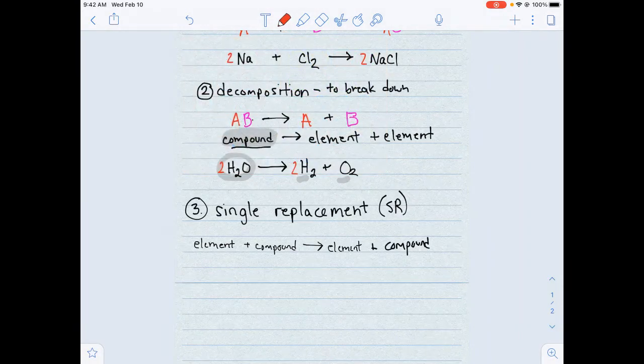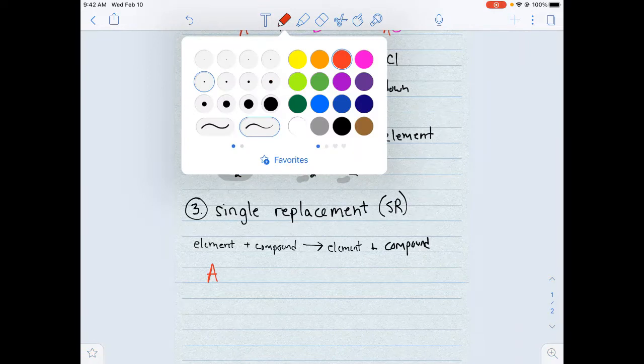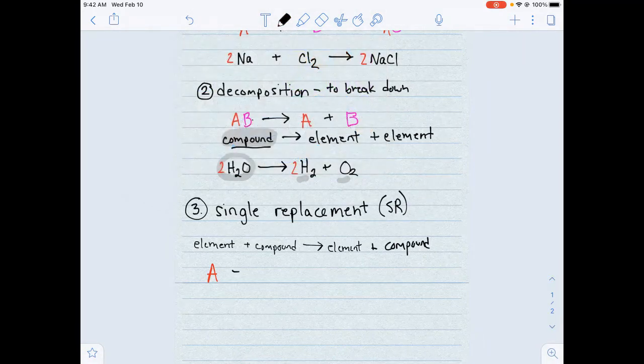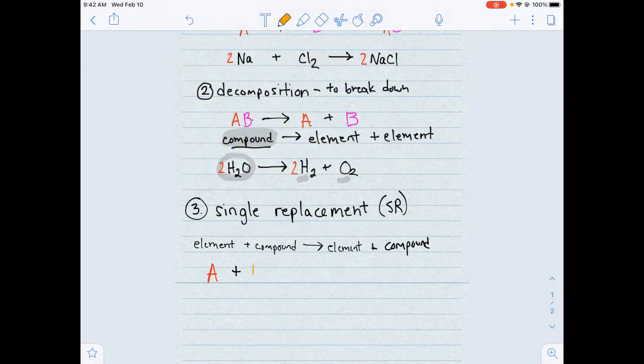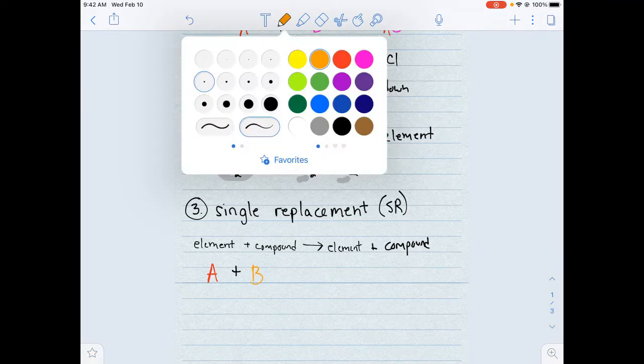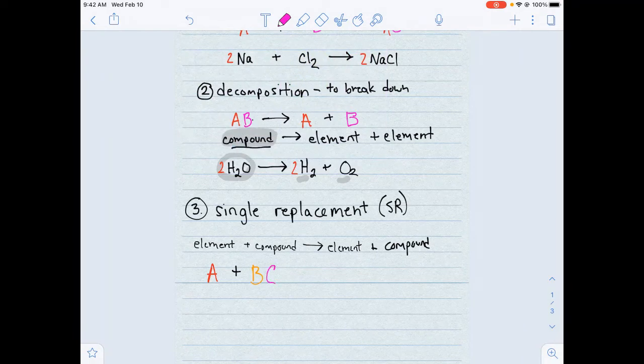So you start off with one element. Let's say I have element A, okay? And I end up adding to that element a compound, such as we'll go B and C. So I have compound A and then B and C. What ends up happening is in this reaction, one of the elements in the compound gets rejected, gets broken up with, and becomes single again at the end.